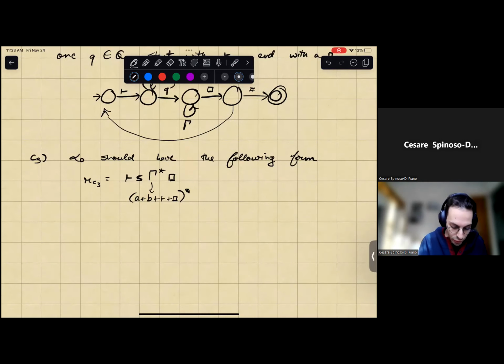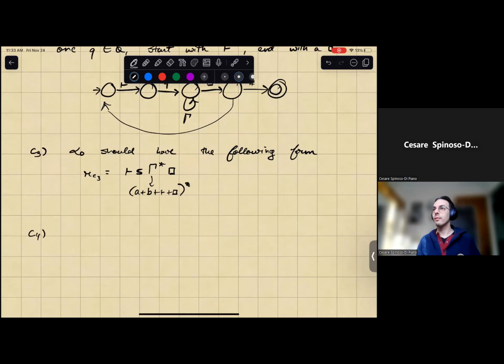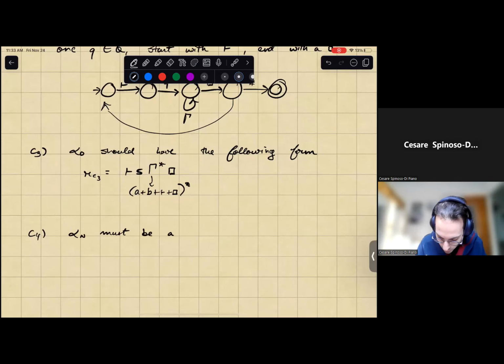The fourth condition has to do with the specific description of alpha n. Okay? So alpha n must be a halting configuration. And so again, I'm going to slightly abuse notation and say the regular expression for condition C4 would be something like: a dash, then some string over gamma, then the accept state, then some string over gamma, then a blank.